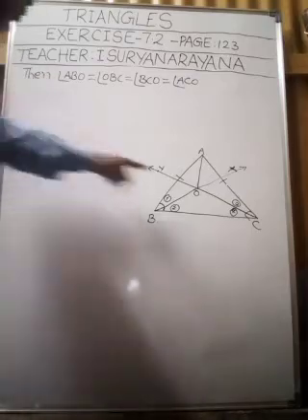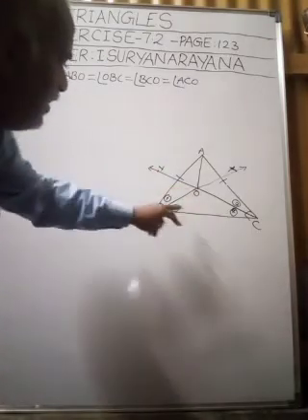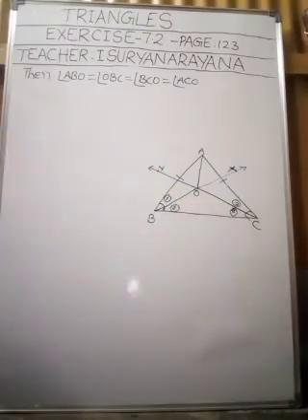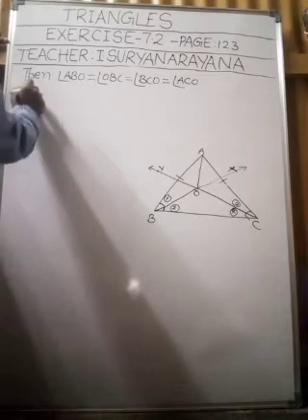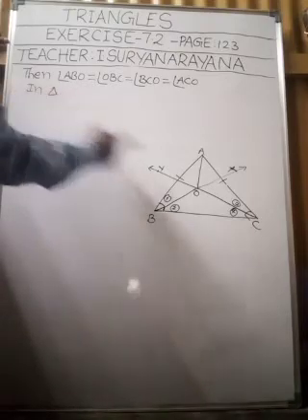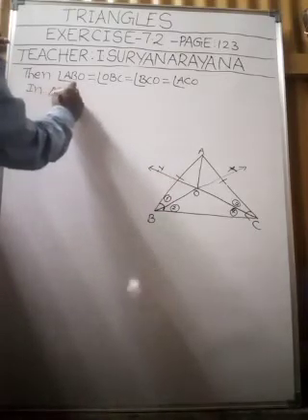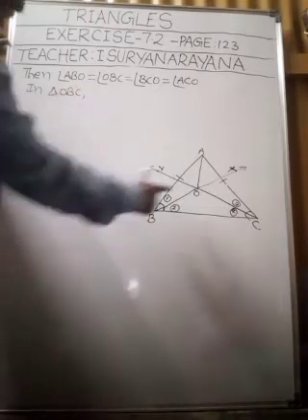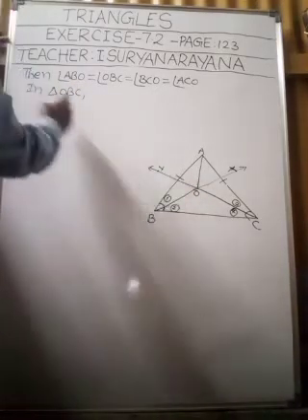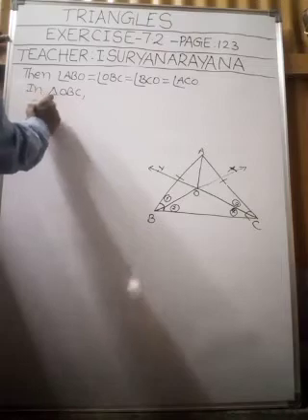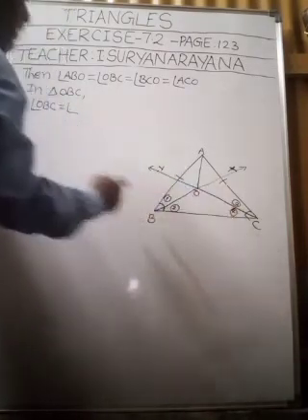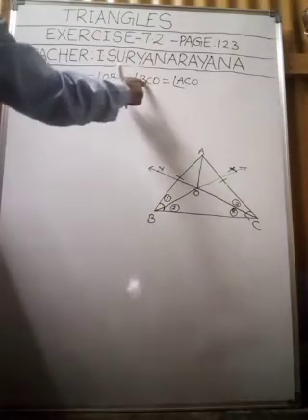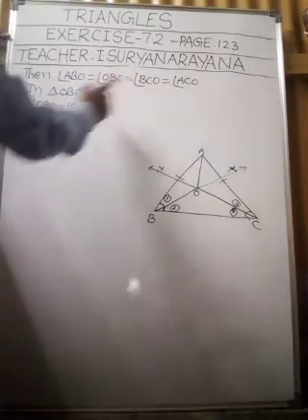So, in triangle OBC, angle 2 is equal to angle 4. In triangle OBC, angle OBC is equal to angle OCB.